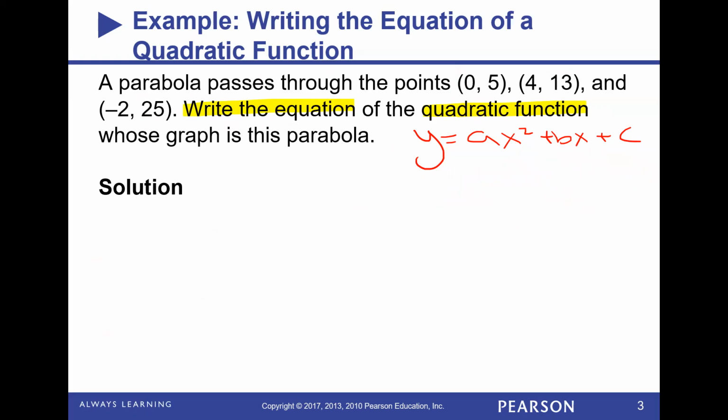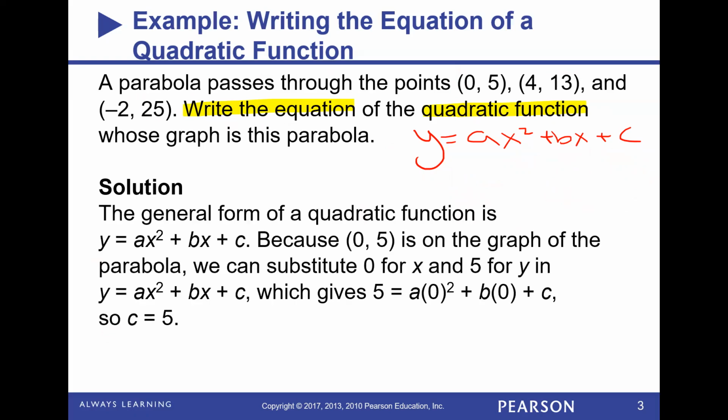So y equals ax squared plus bx plus c, and that is what we called the standard form of a quadratic. Now, we're going to use that to help us with the points that we have. Because we have x equals 0 and our y value is 5, we have one point on the graph there.